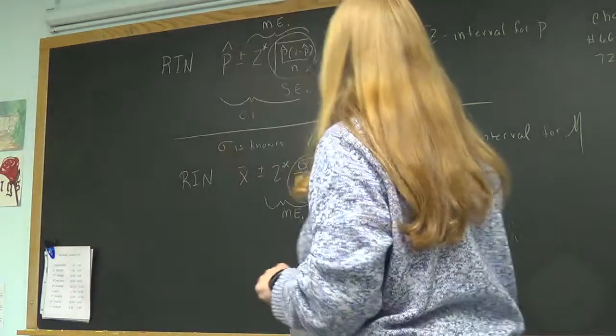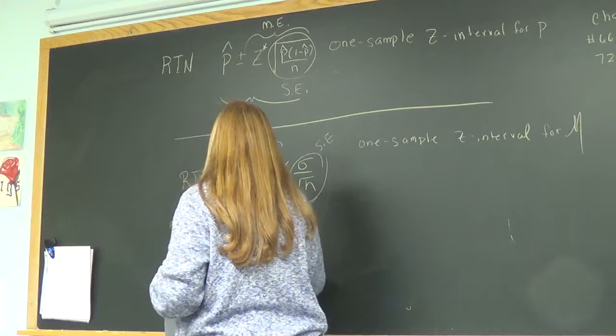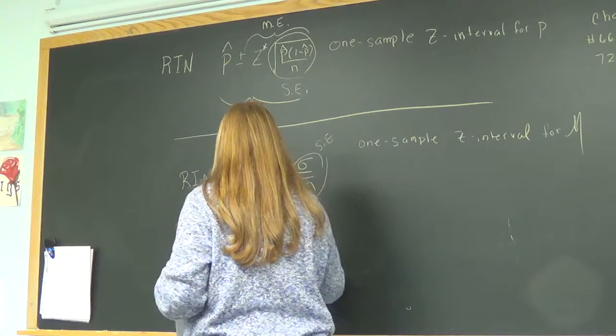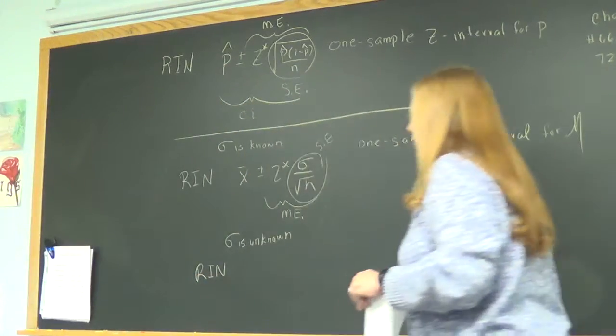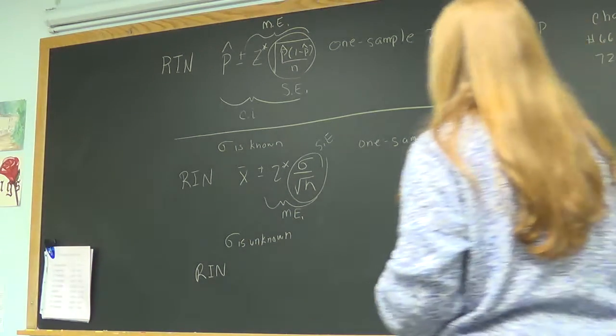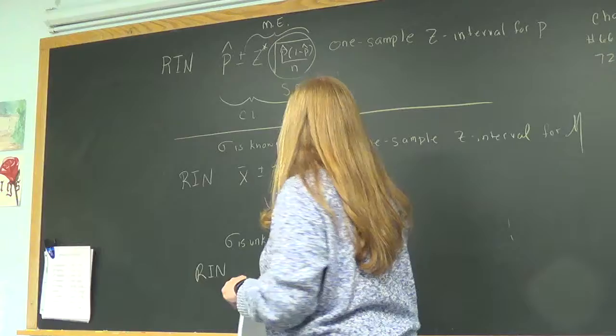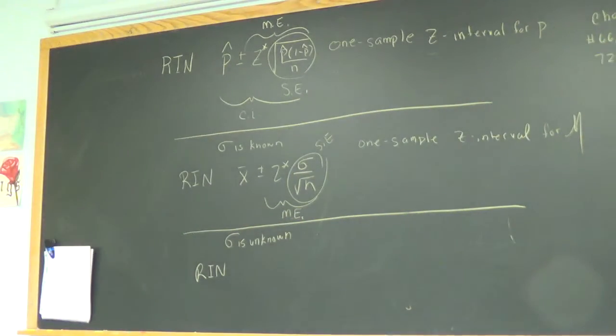All right, the next thing, when standard deviation is not known. T is only for when you don't know standard deviation. Check RIN, but then it changes up. So Andrew, what changes now that standard deviation is unknown? There are two cases for x bar.